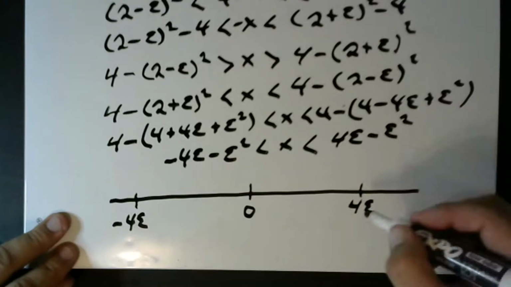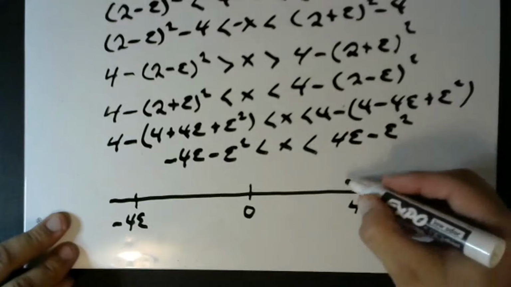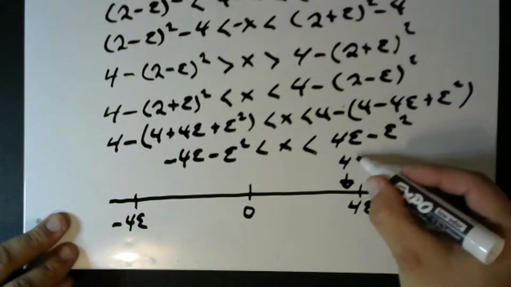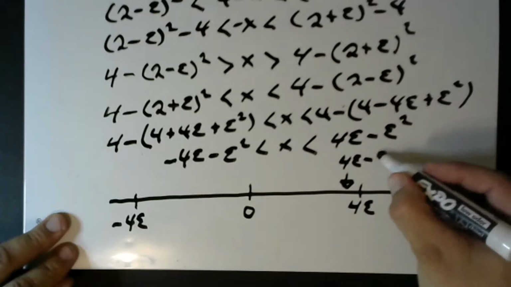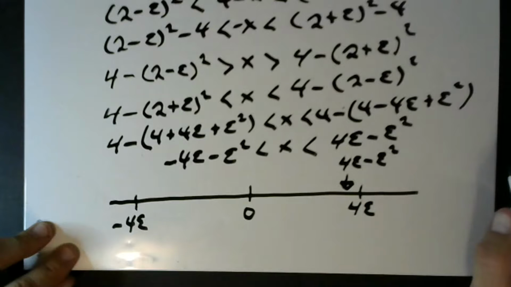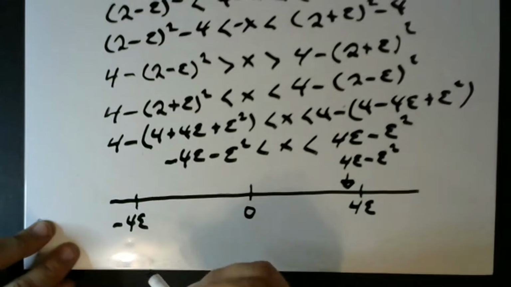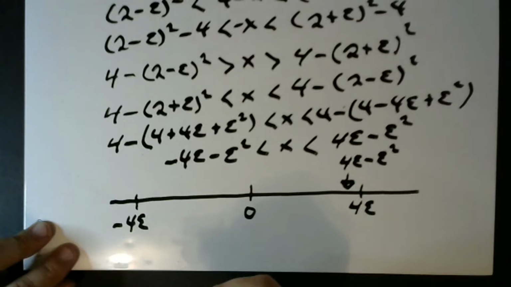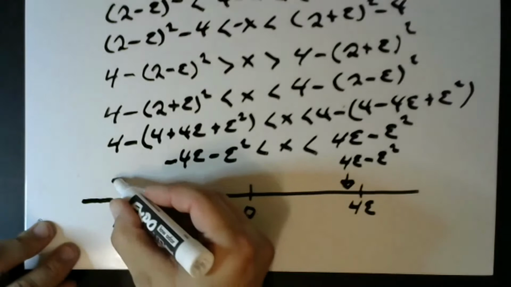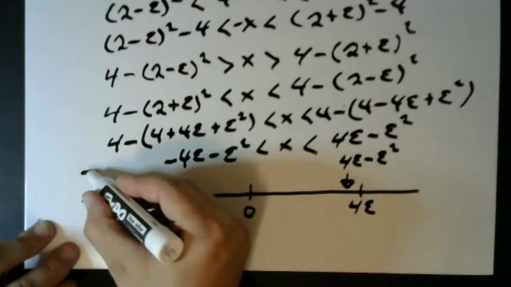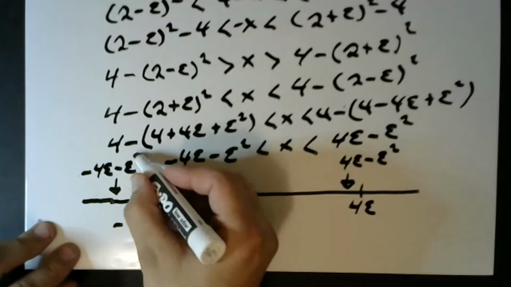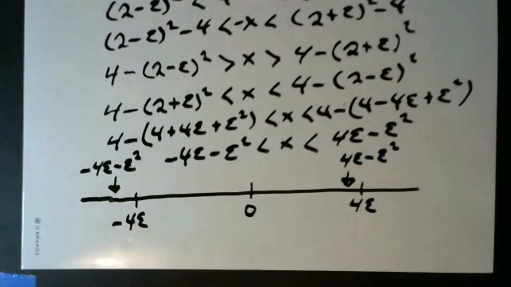Now, if we take minus 4 epsilon and subtract an epsilon squared, that's going to put us here. Remember, epsilon is a tiny positive number. Then, if we take 4 epsilon and we subtract epsilon squared, that's going to put us over here.